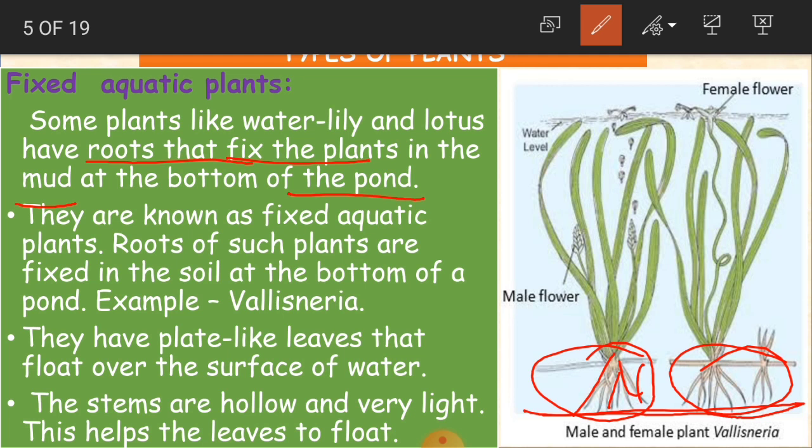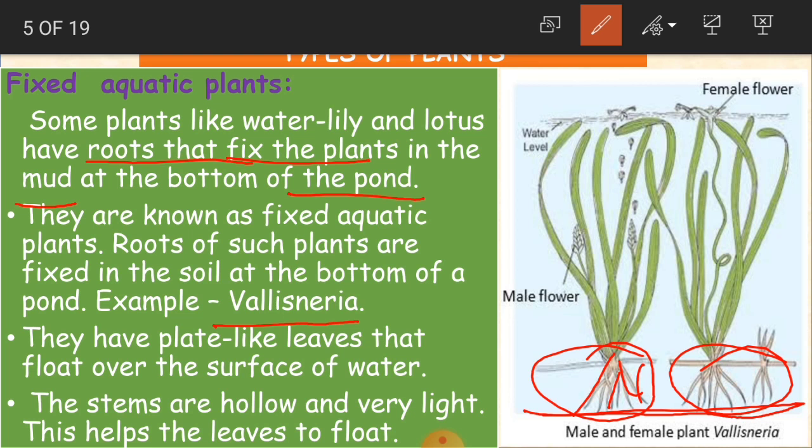And what is the pond, children? A water filled area is called a pond. It is a water body. Because they fix the plant in the mud, that is why we call them fixed aquatic plants. Another example is Vallisneria.